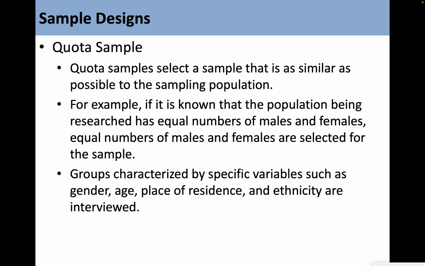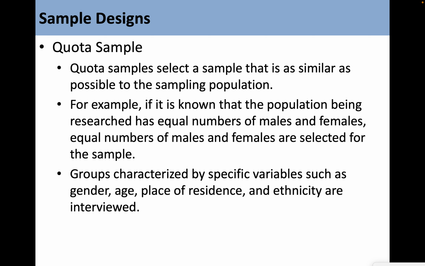Quota samples select a sample that is as similar as possible to the sampling population. For example, if it is known that the population being researched has equal numbers of males and females, equal numbers of males and females are selected for the sample. Groups characterized by specific variables such as gender, age, place of residence, and ethnicity are interviewed.